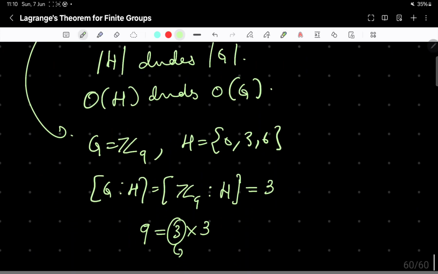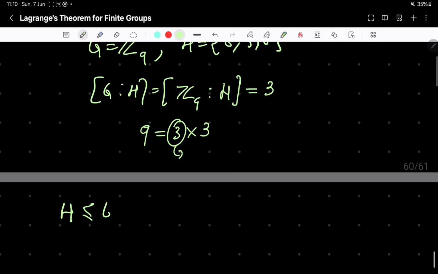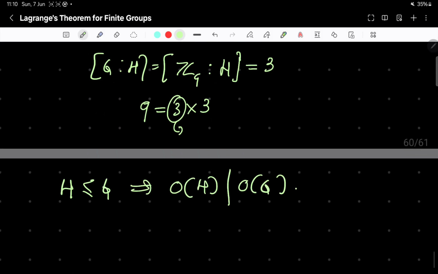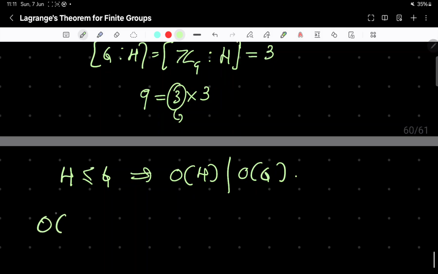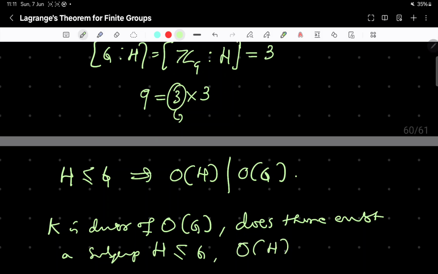Now think about the other version. What we have proved is, if H is a subgroup of G, this implies the order of H divides the order of G. But suppose K is a divisor of the order of G. Does there exist a subgroup H of G where the order of H is equal to K?